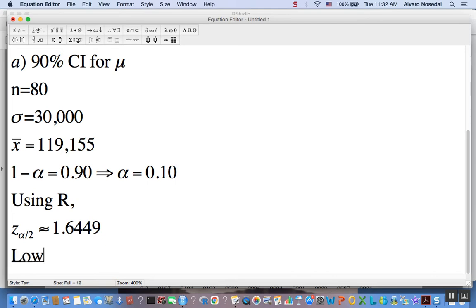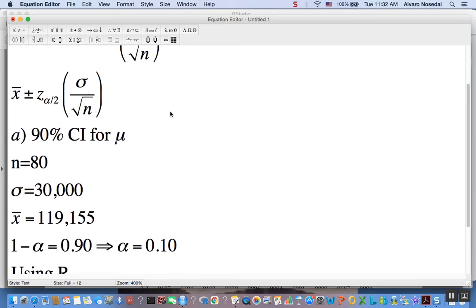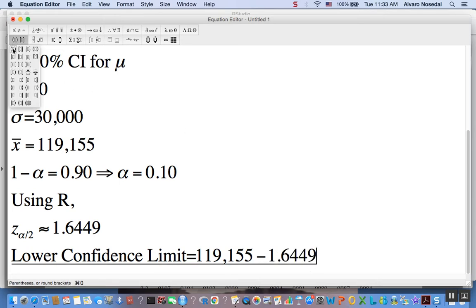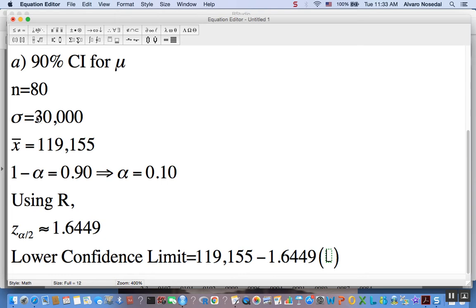So the lower confidence limit would be x bar, which is this guy, minus our critical value, times sigma, which is 30,000, divided by the square root of our sample size.